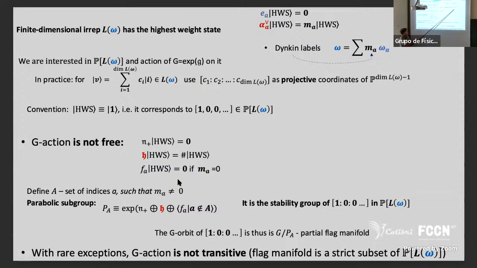So the dimension of the space is the dimension of the representation minus 1. We consider this projective manifold, so everything is up to scaling in this talk. In particular, we agreed that the first basis vector in this expansion is the highest weight state for the corresponding representation. So (1,0,0,0,...) is somehow distinguished in this notation.